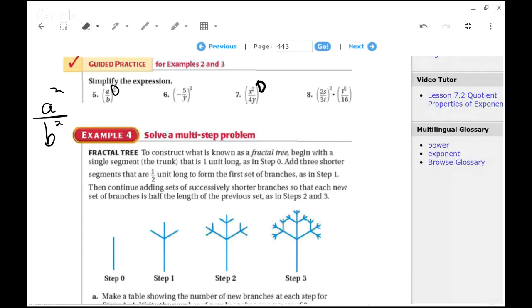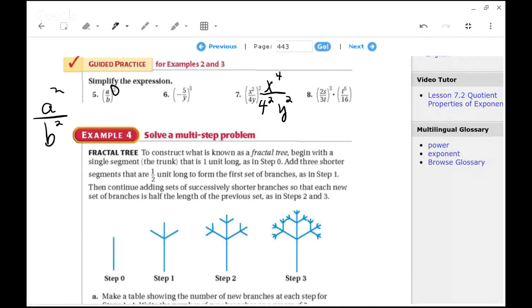That's going to be x to the 4th. And then I'm going to apply that 2 to everything in the denominator. So that's going to be 4 squared y squared.